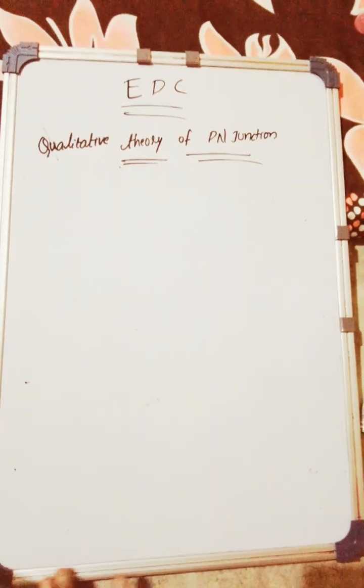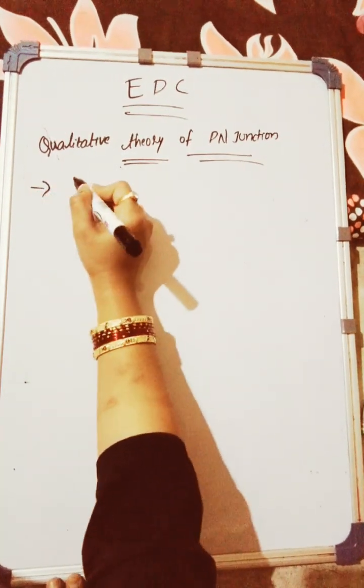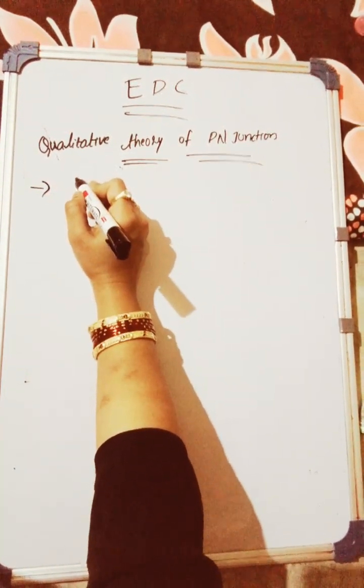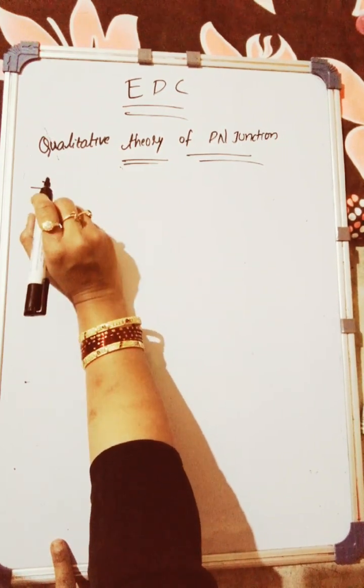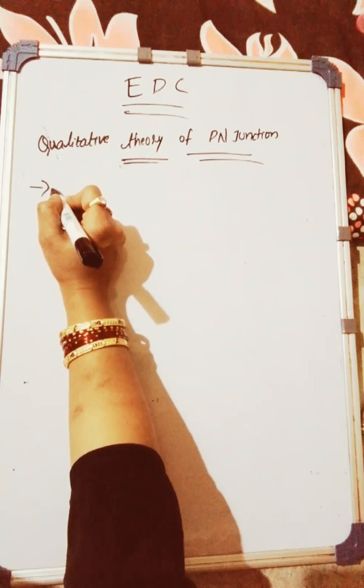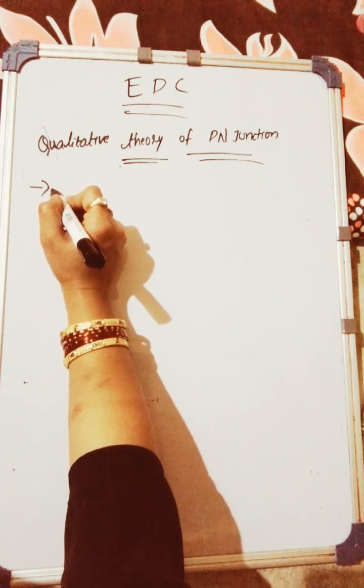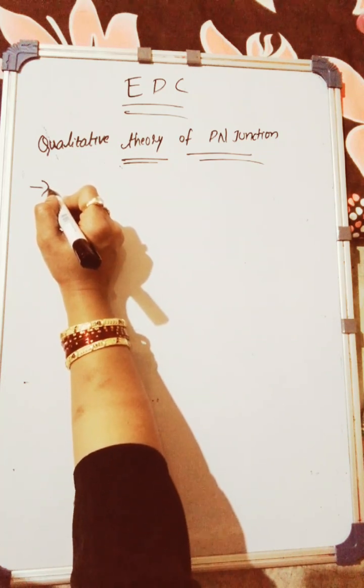Here the n-type material has a high concentration of free electrons, whereas p-type has a high concentration of holes. We already discussed majority carriers and minority carriers. Majority carriers are more numerous: in n-type, electrons are more, whereas in p-type, holes are more.